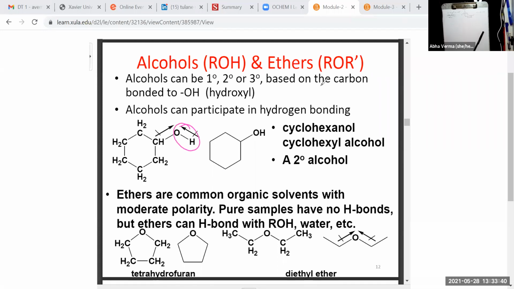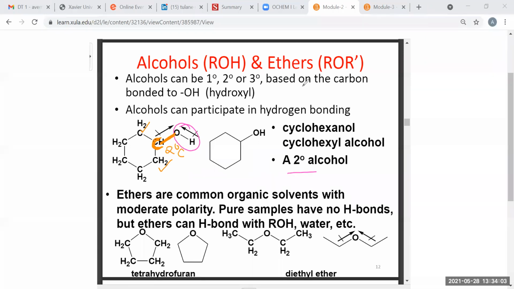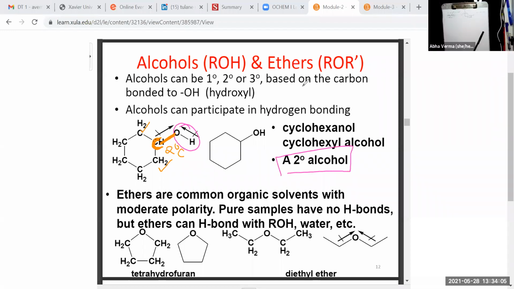I cannot classify this OH until I know the classification of the carbon to which the oxygen is attached. And then I see that my carbon to which the oxygen is attached has two other carbons on it. And so it is a secondary carbon and it is a secondary alcohol. That's how I will classify it further.